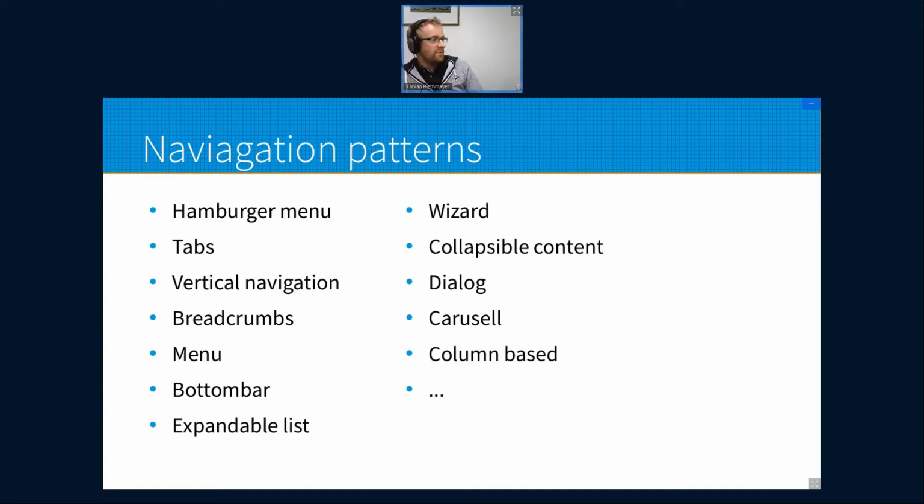Hamburger menus, tabs, vertical navigation, breadcrumbs, menus, bottom bars, expandable lists, wizards, collapsible content, dialogues, carousels, column-based navigation, and so on. Typically, you want only a subset of these patterns in your ecosystem. To choose the right one or the right ones, because most of the time one needs to combine multiple of these, is very fundamental to an app. The one key role of a human interface guideline is to help the designers and developers to choose the right pattern for an ecosystem, because not all patterns will fit into your ecosystem.